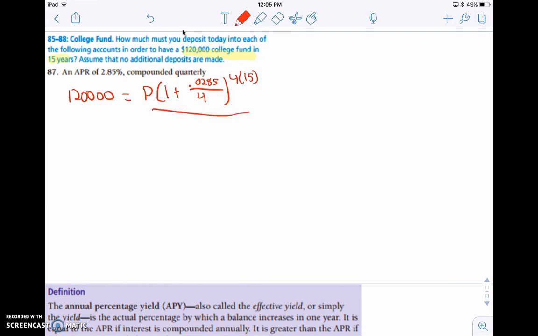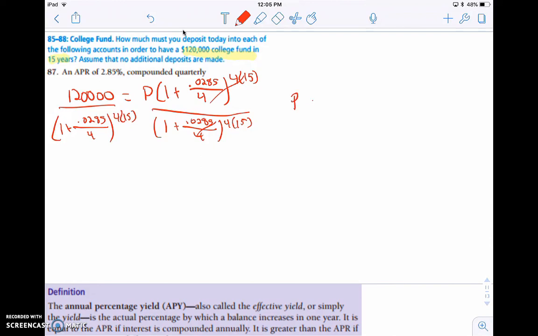And so to solve for P, we're going to divide both sides by this big monstrosity here so that we can isolate our variable P. So 0.0285 over 4 to the 4 times 15 power. Because again, those will cancel out.